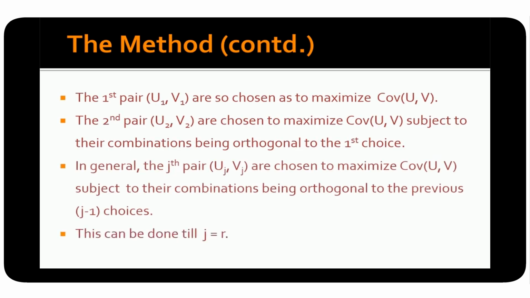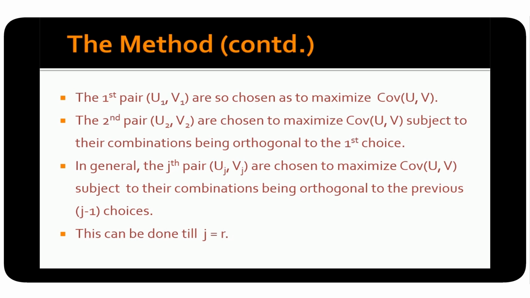We define it this way. The first pair of canonical variables, that means the first pair of u and v, is such that it maximizes the correlation between u and v. So we will choose a and b in a manner which would maximize the correlation of u and v. Once having done that, we can go to another choice.